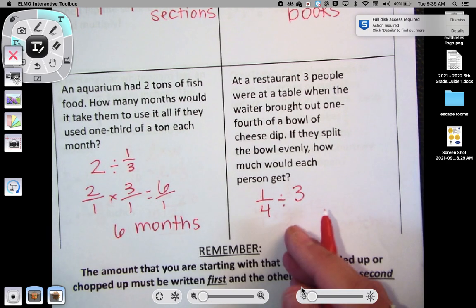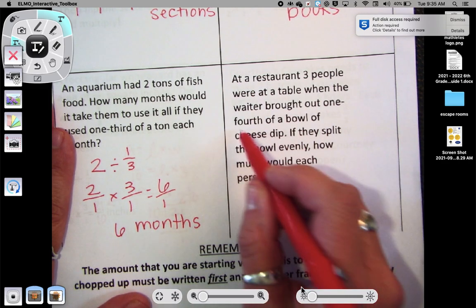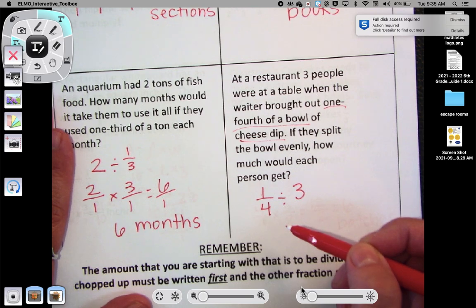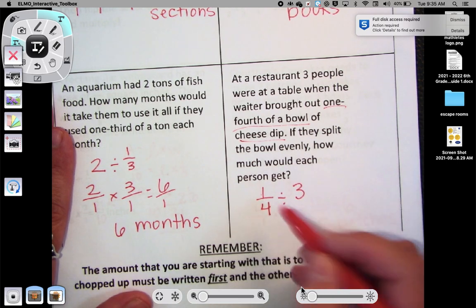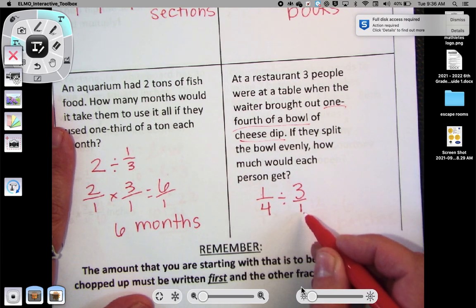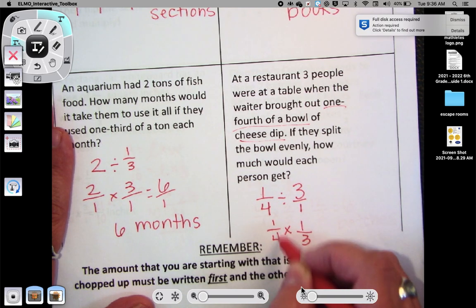Or, as in the example with the cheese dip, okay? We're dividing up the cheese dip. That's why we started with 1/4 here. So, because the whole number 3 has a denominator of 1, flip it and multiply.